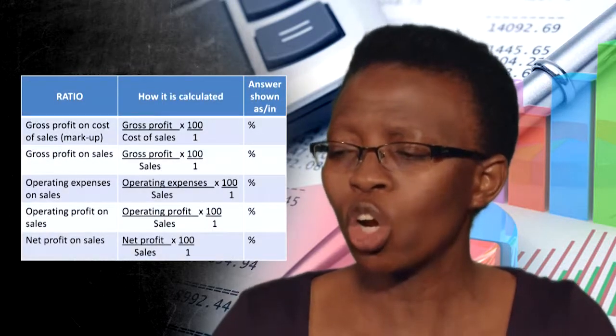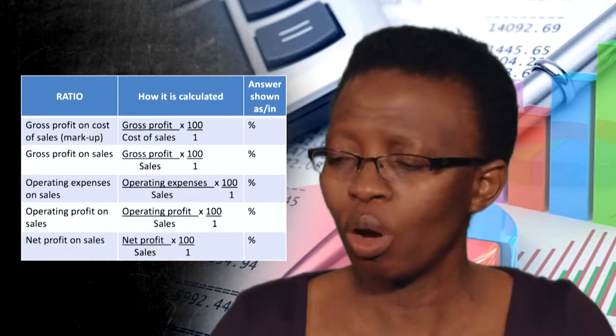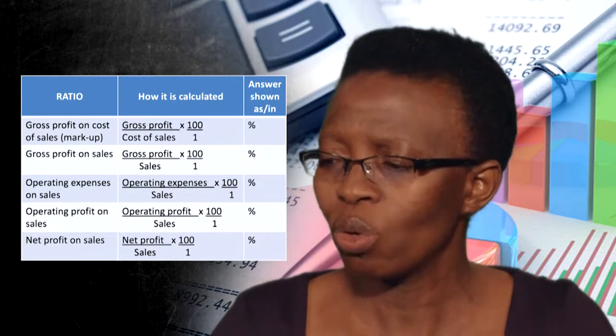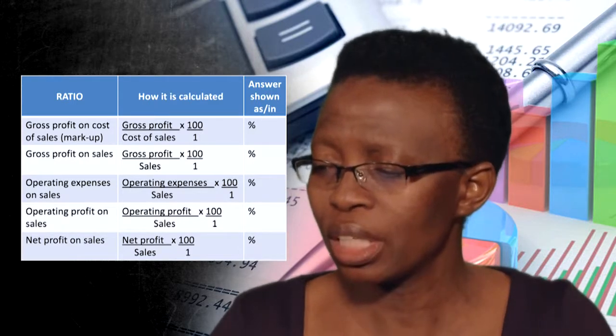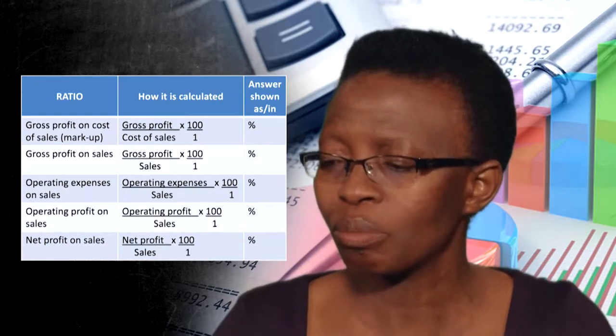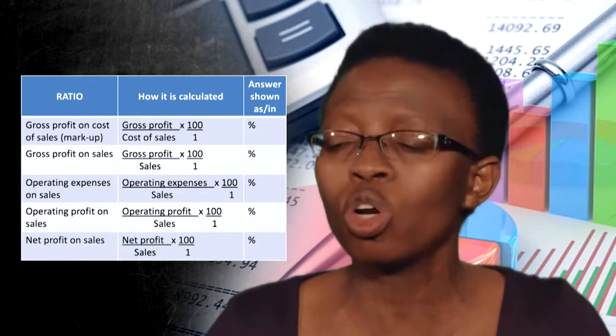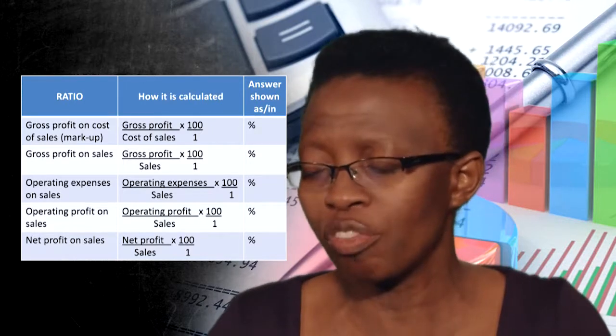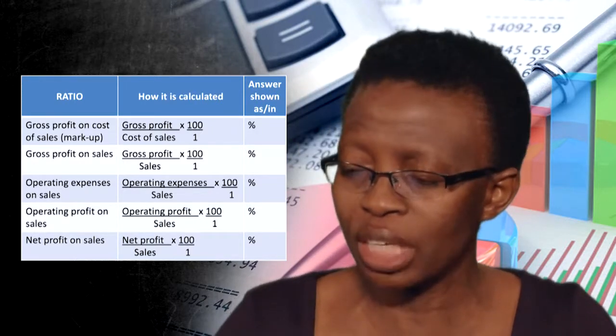Now, when we do profitability, we use various ratios. And these are our ratios. We use gross profit on sales, which is gross profit divided by sales multiplied by 100. We do gross profit on cost of sales, which is your gross profit divided by your cost of sales.